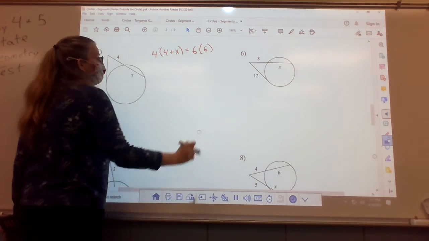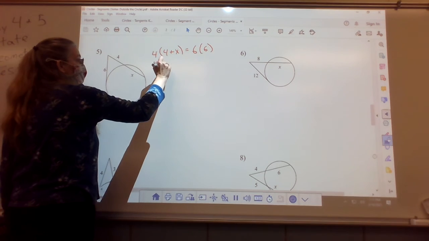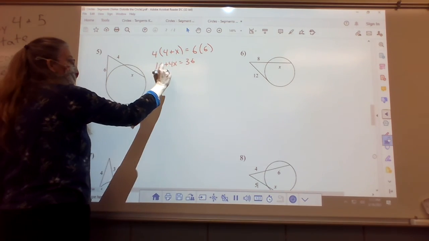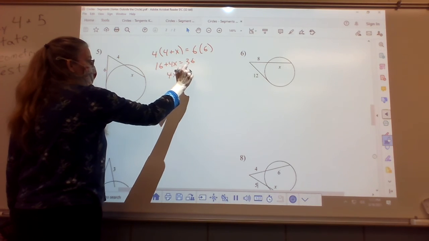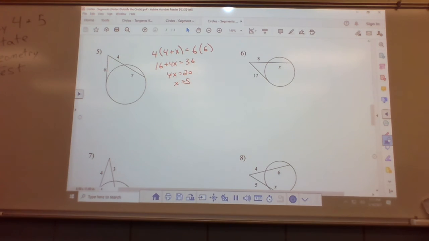Same thing. 16 plus 4x equals 36. Subtract 16, 20. 5. Oh my god. There's another 144. I know. I did not purposely do that. It just kind of kept showing up.